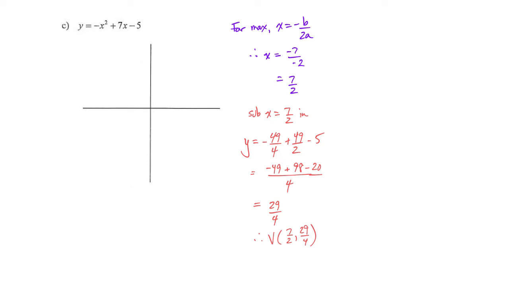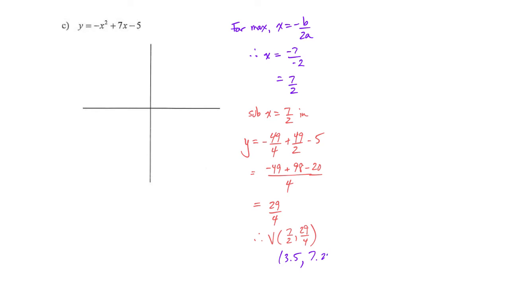Okay, that was my most important point and a point that I needed to have labeled. If I were you right now, this is what I would do. Plot your vertex at 7/2, 29/4. So we're good that that is like 3 and a bit. I don't even care that it's 3.5. It's 3 and a bit. And then 29/4, well, if I take 29 and divide it by 4, that's going to give me like 7 point something.